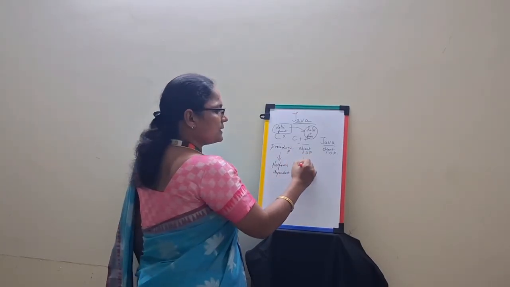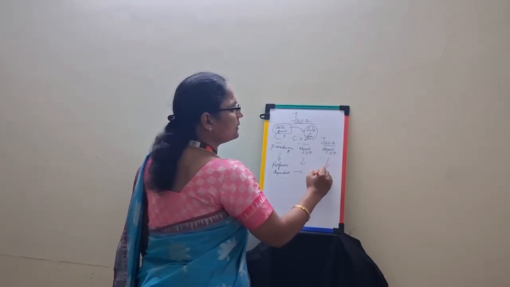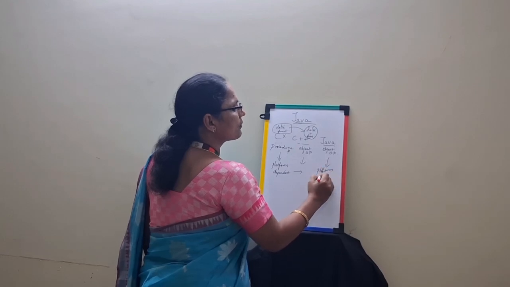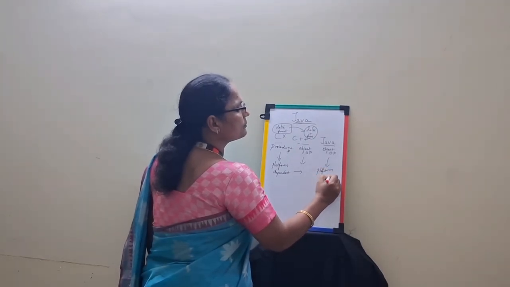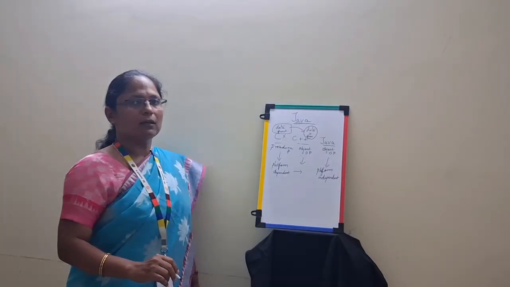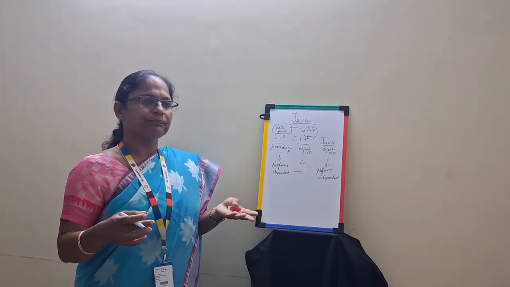But here also it is the same thing. It is platform dependent. But here, Java is platform independent. What do you mean by platform independent? Platform in the sense I am talking about the different operating systems.